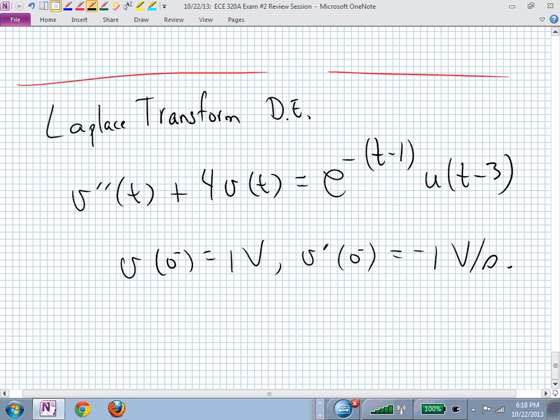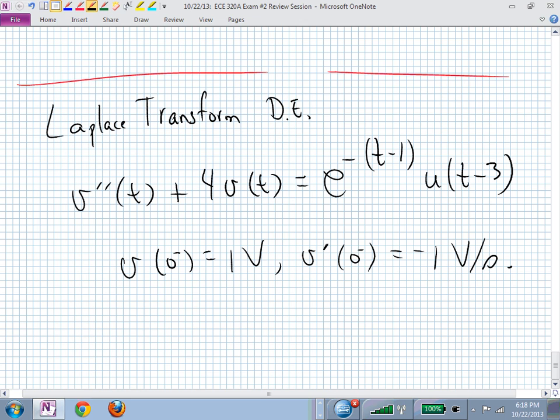And you need to somehow manipulate this exponential, this t minus 1, to look more like t minus 3, because that's what we're used to Laplace transforming, is e to the minus t u of t. We need those t's to be the same, or the argument of those t's. So let's look at that.